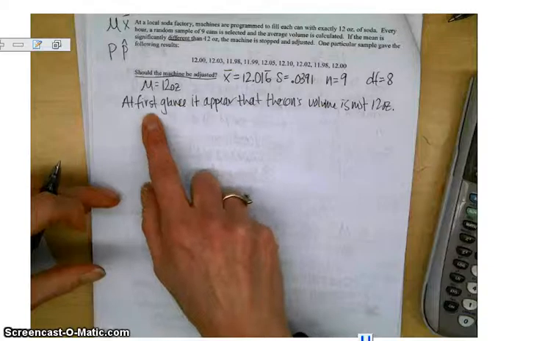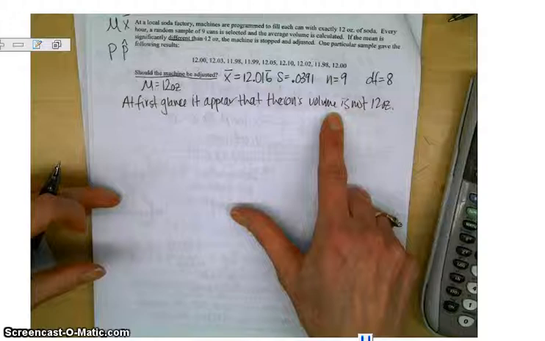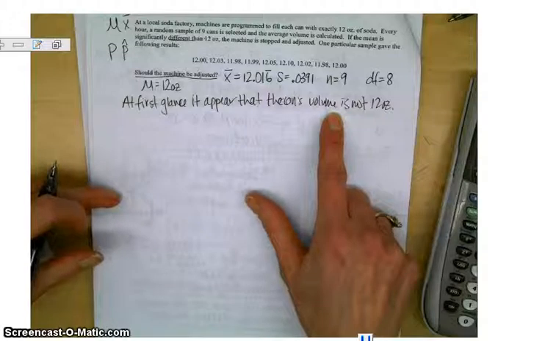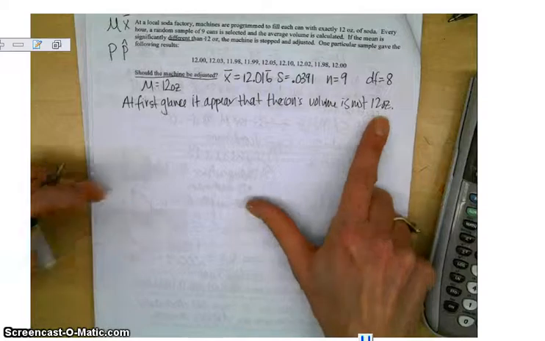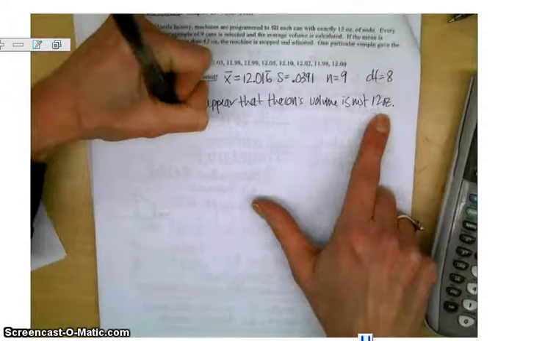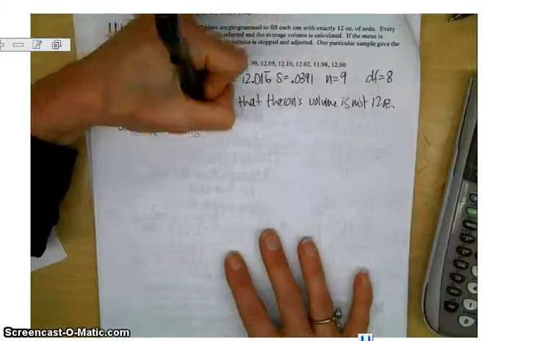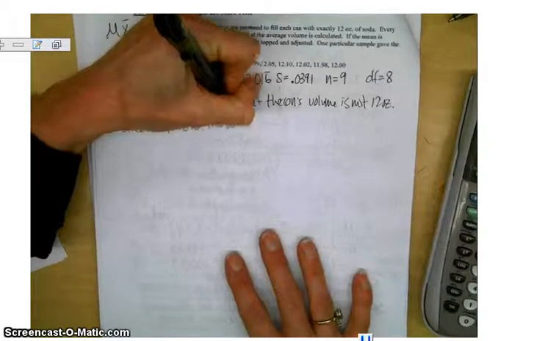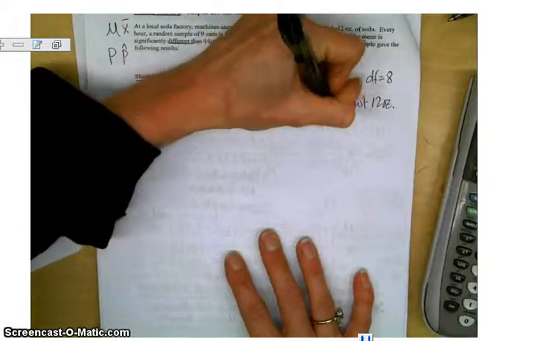You're filling the can, you're not making a can. You're filling it with soda. The can's volume is not 12 ounces, since x bar is equal to 12.016 repeating. What could this be because of? This difference could be due to sampling variability.